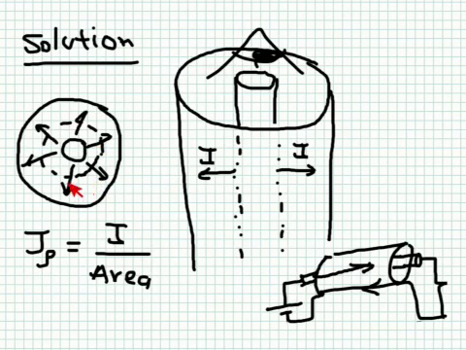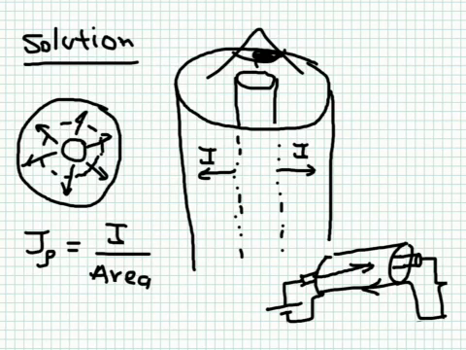If I want to get the current density, I have to divide this current I by the surface area at any radius ρ. So J will be a function of ρ. What is this surface area? It is the external surface area of a cylinder, equal to 2πρ multiplied by the length of the cylinder.